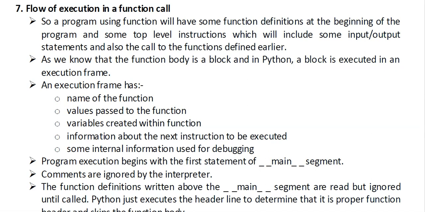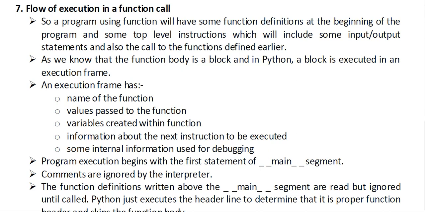In the dining room you have food. In the reading room you go and study. So separate execution frames are decided. Similarly here also, whenever you call a function or you move to a block, you go to a separate memory location and you work there and then come back.